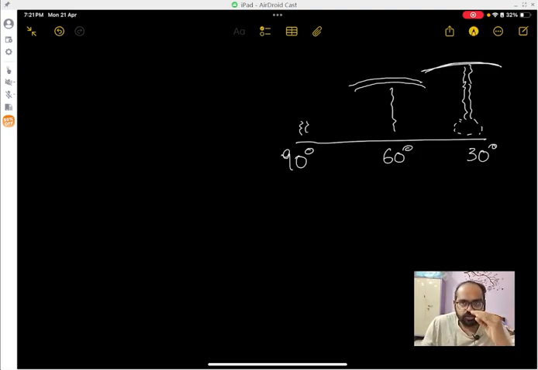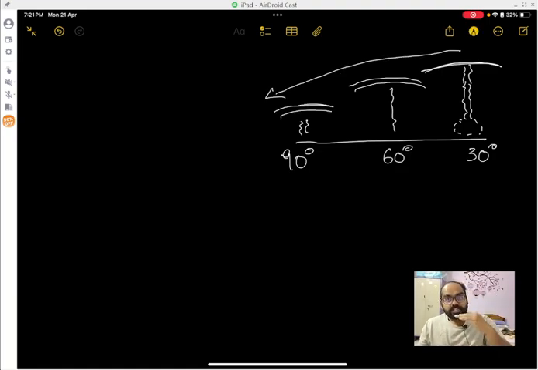It rises only a very little distance, and the troposphere will be somewhere here. So as we move from equator to poles, the height of the troposphere decreases, from about 18 kilometers at the equatorial region to 8 kilometers at the polar region.